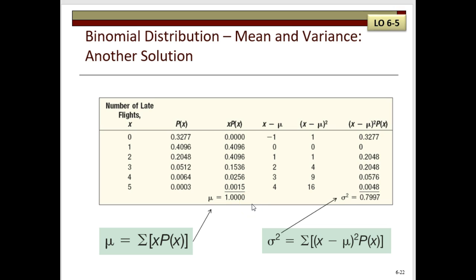This average is then subtracted from each of the x values in the first column, right here. These differences are squared and then multiplied by their respective probabilities as shown in the last column. So they're squared here and then multiplied again here. Adding up the values in the last column yields the variance of the distribution, which is found to be 0.7997.